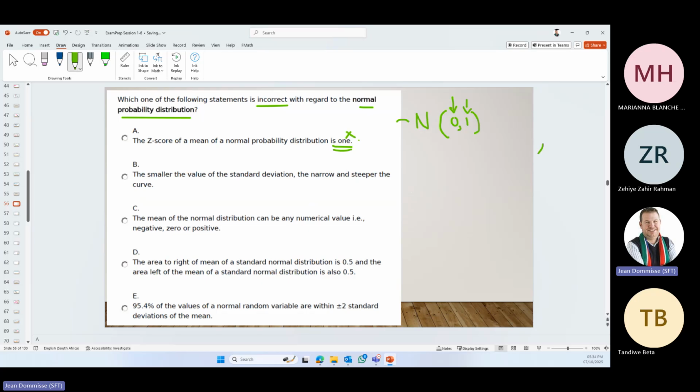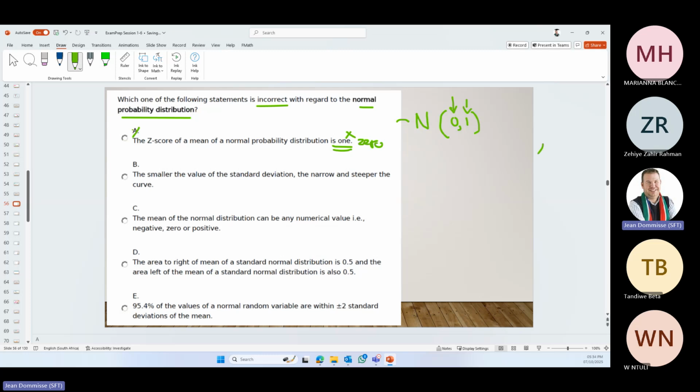It should be equal to 0, and the variance is equal to 1. That will be the incorrect one, but let's just look at the others.